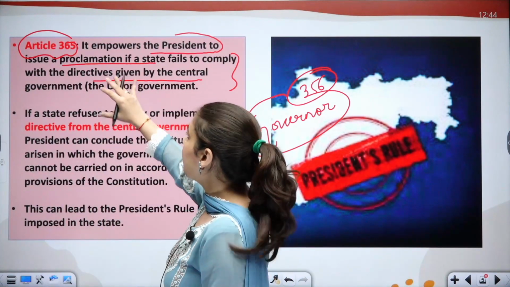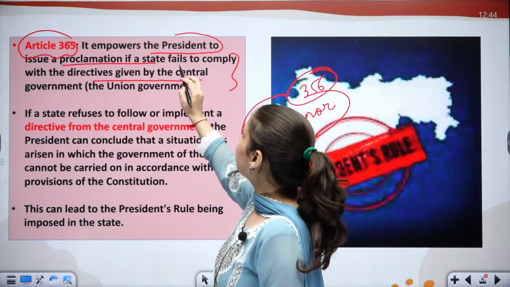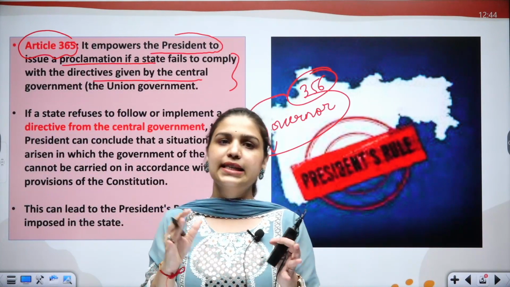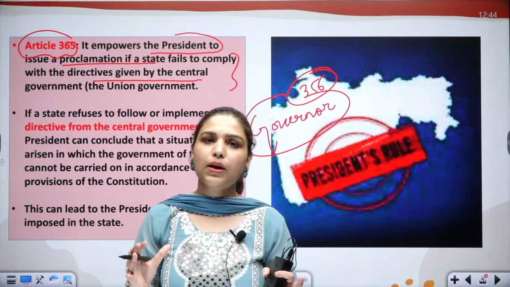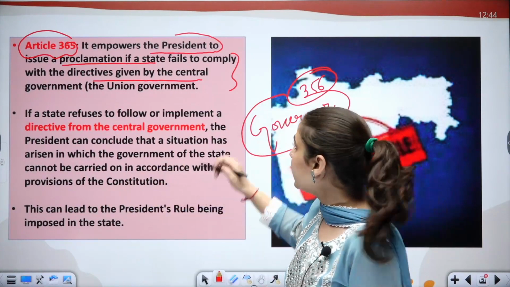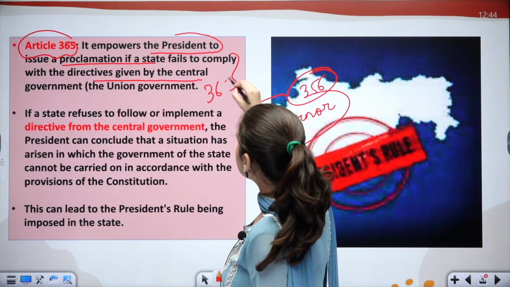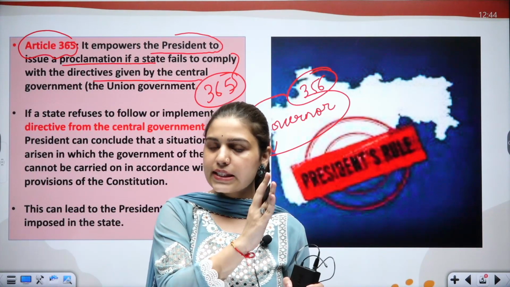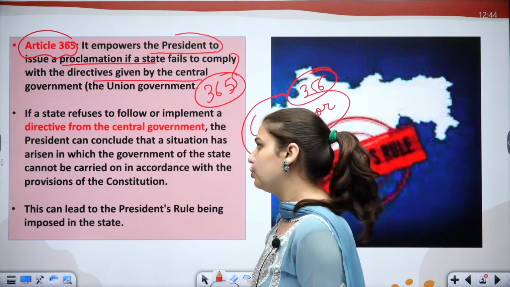This is under Article 365: if a direction is given by the center and the state government fails to comply with it, President Rule is imposed. I hope the difference between Article 356 and 365 is clear.